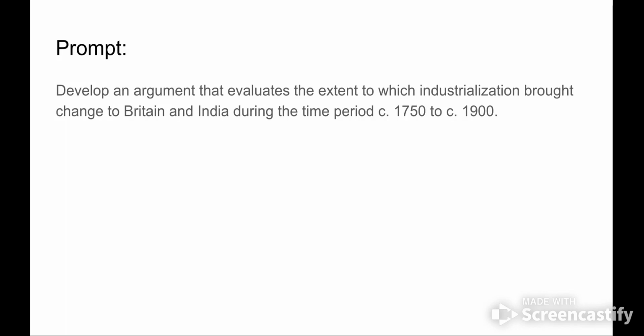It can be changes in labor systems. It can be how there were differences between the 2 regions because of the natural resources of the regions. Keep focusing on how industrialization brings change to Britain and India during this time period.